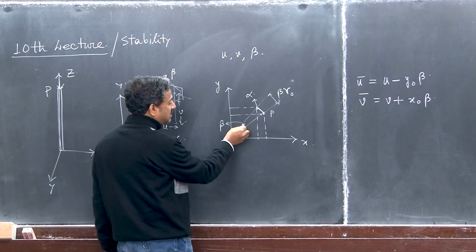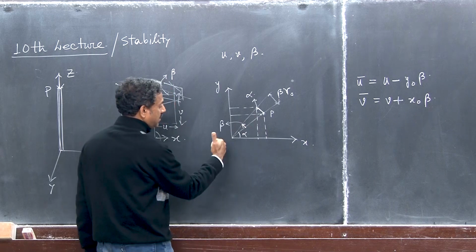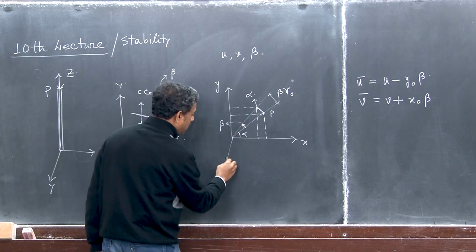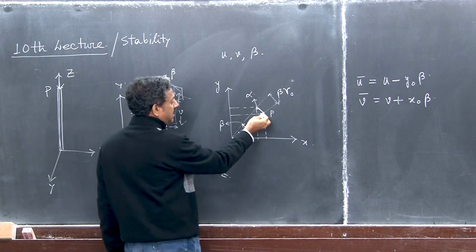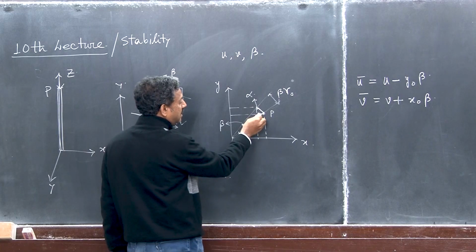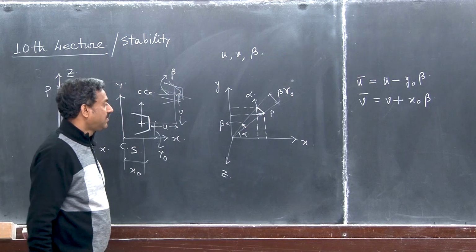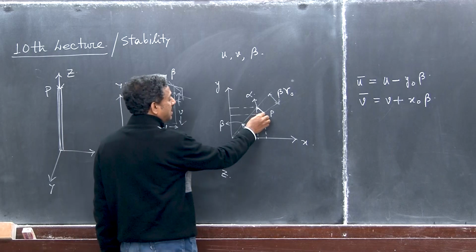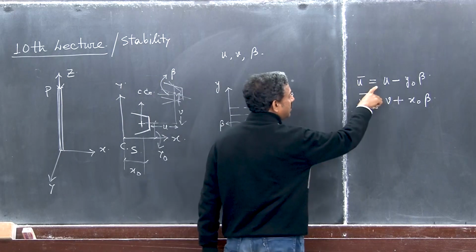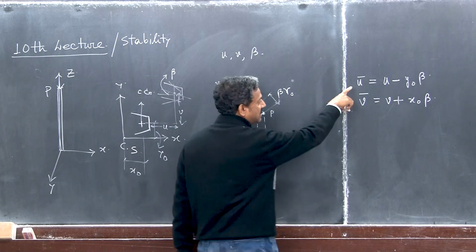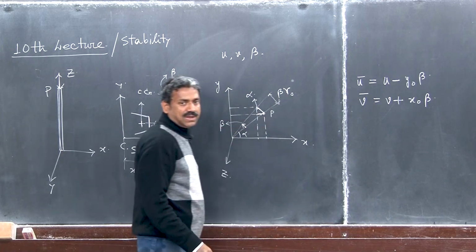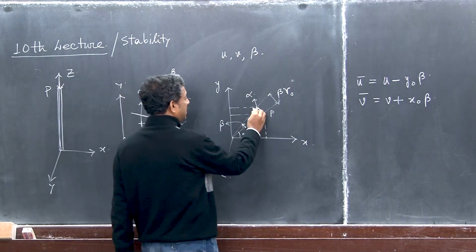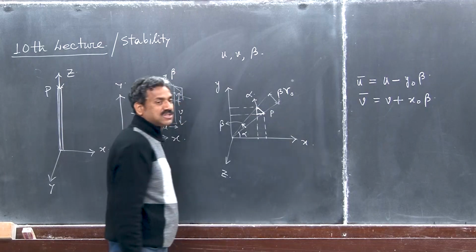If you take beta anticlockwise, with positive x direction here, then this causes a negative component of deformation of the point in the x direction. That is why the deformation in x reduces, whereas V is increasing, that is why V plus x0 beta.